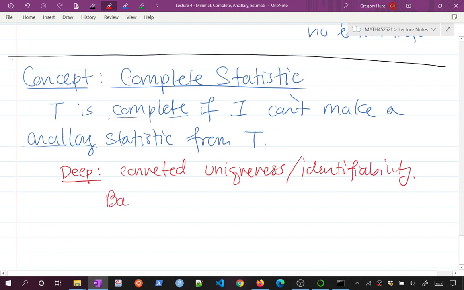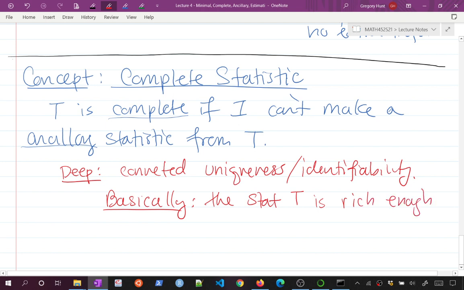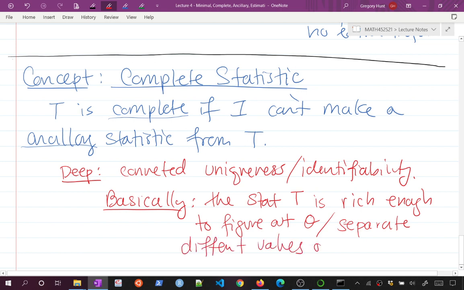And basically, what these concepts mean is that the complete statistic T is rich enough to figure out theta, or to separate different values of theta.